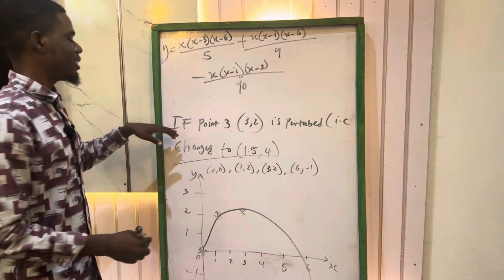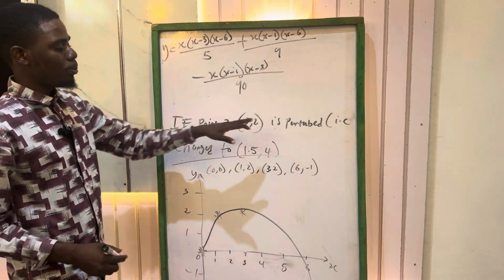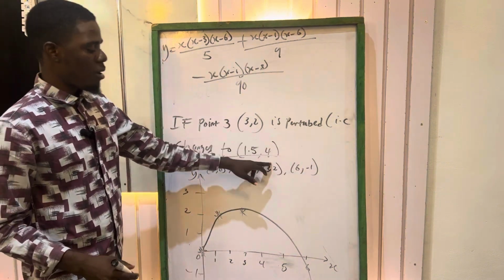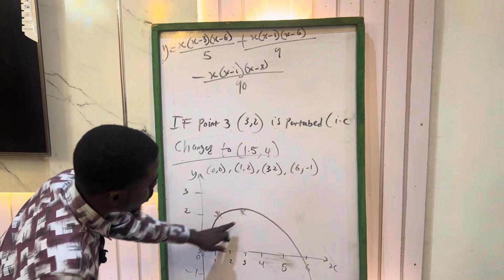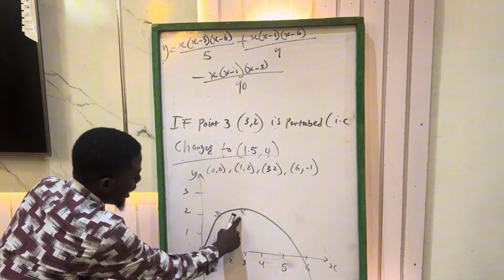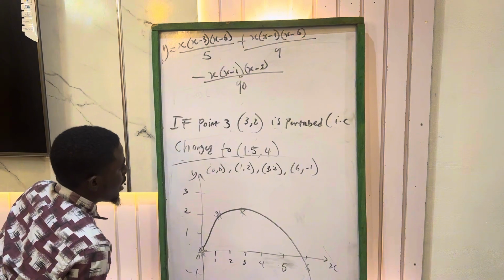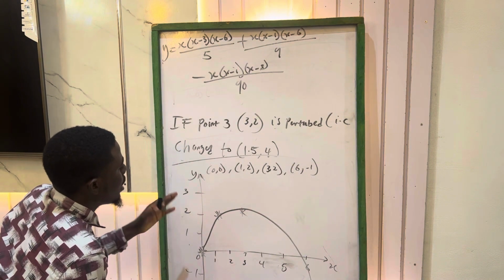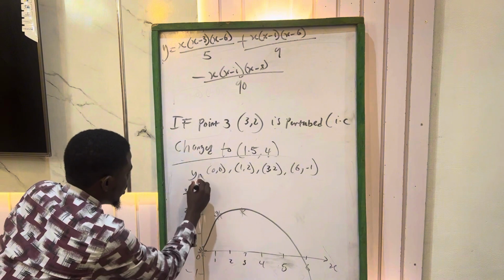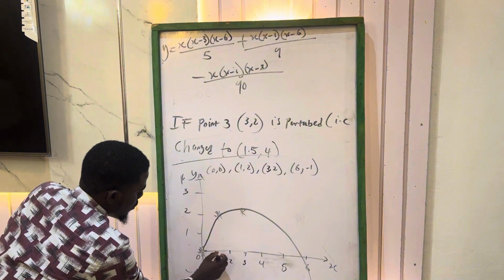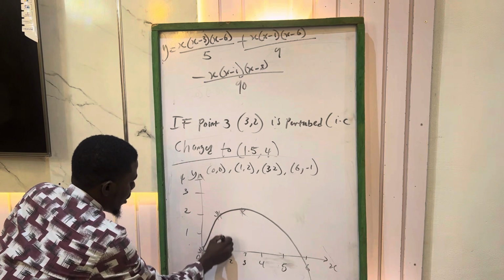So the question now is saying that if point 3 is to be perturbed, that is, if it was changed to another point, 1.5 comma 4, which means that the curve is still going to remain the same. But this point 3, that's our third point, if it was changed to when x is 1.5 and y is 4, so 1.5 will be about here and y is 4.